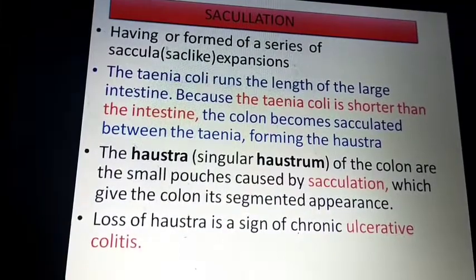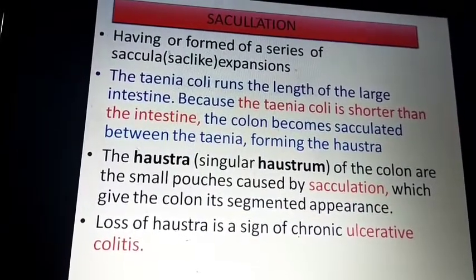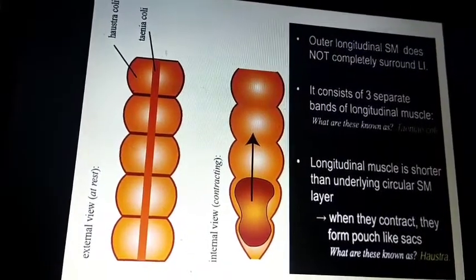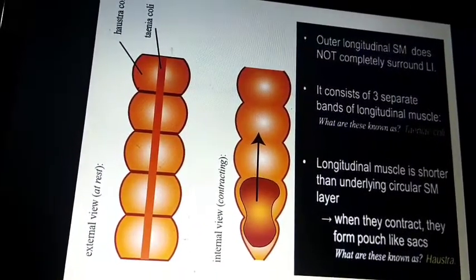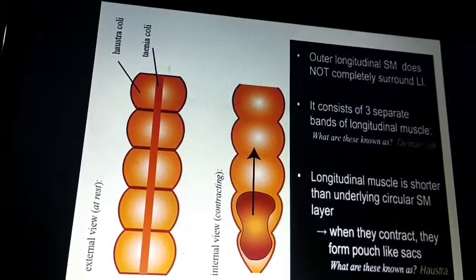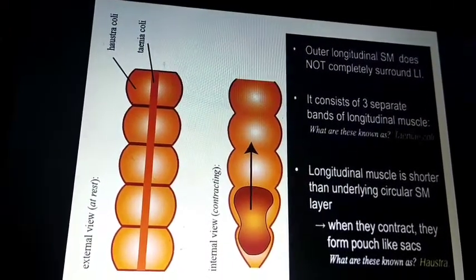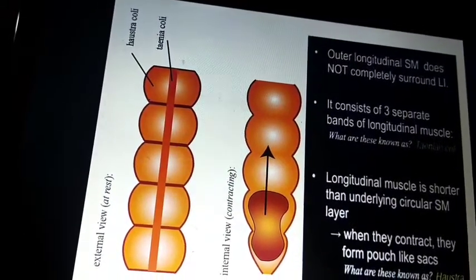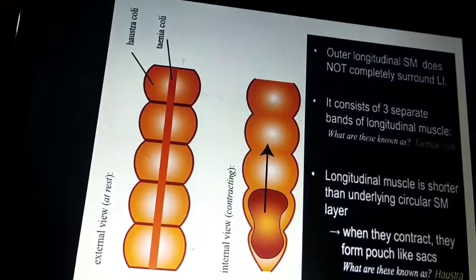Loss of haustra is a sign of chronic ulcerative colitis. The outer longitudinal smooth muscle does not completely surround the large intestine, and because of that it forms the sacculations. It consists of three separate bands of longitudinal muscle, known as tinea coli.